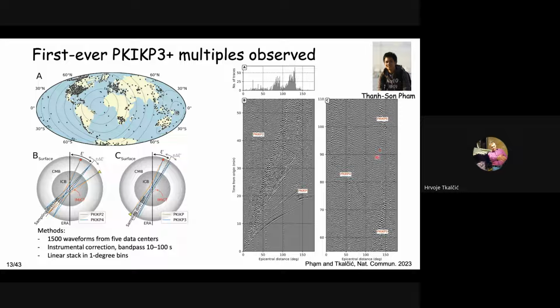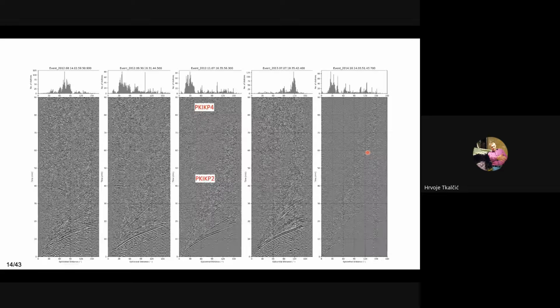When you stack them together, you see these beautiful multiple arrivals that we call ricochet waves through the Earth center. And here are some more examples from different events. And you can see some clear evidence, for example, of PKIKP4, the compressional waves that travel through the Earth center basically 4 times.